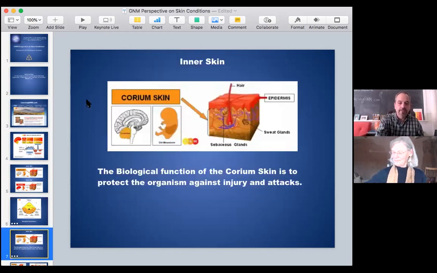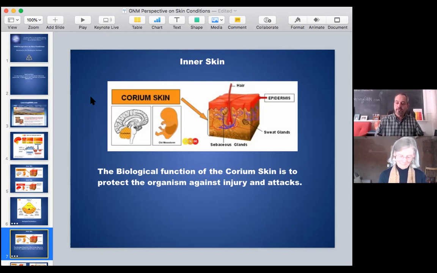So now let's look at the biological function. And this is, again, so important and so beautiful to comprehend. The biological function is going to be intimately related to the biological conflict theme, meaning that, as we said earlier with the fifth biological law, the biological program is designed to assist us.